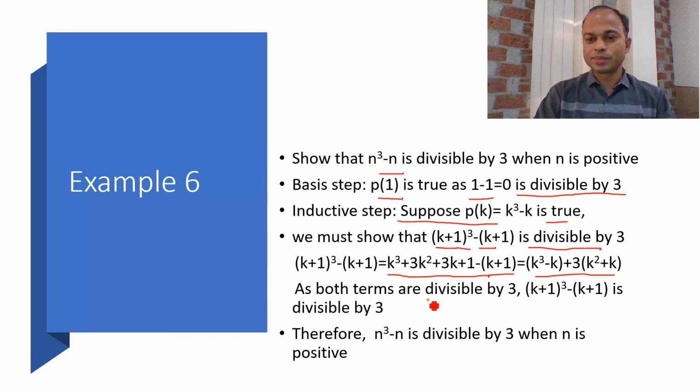As both the terms are divisible by 3, because this particular term is divisible by 3, we have assumed it, and this is a multiple of 3, this term is also divisible by 3. So both the terms are divisible by 3. So we can say that n cube minus n is divisible by 3.